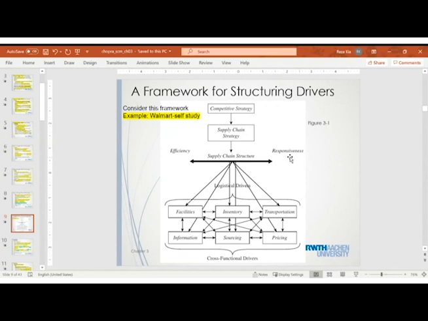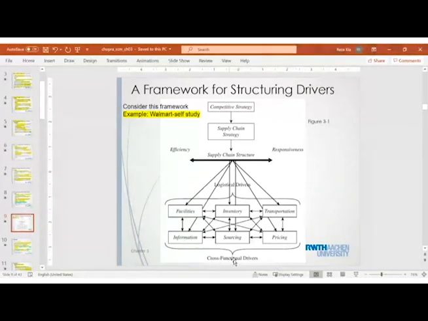And to reach this supply chain strategy, you have 6 drivers. What we are understanding from this category is that 3 drivers are considered the logistical drivers, and 3 drivers are considered cross-functional drivers. So cross-functional drivers and logistical drivers.